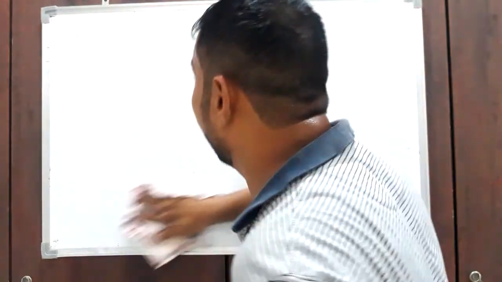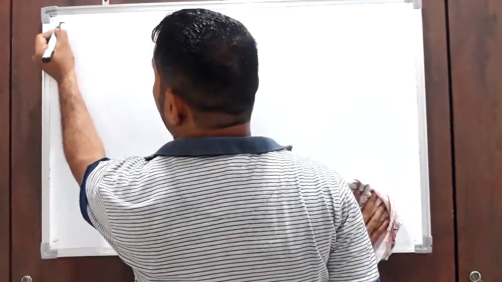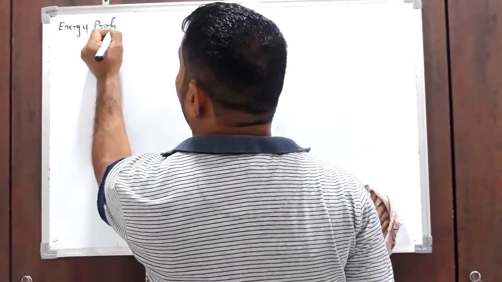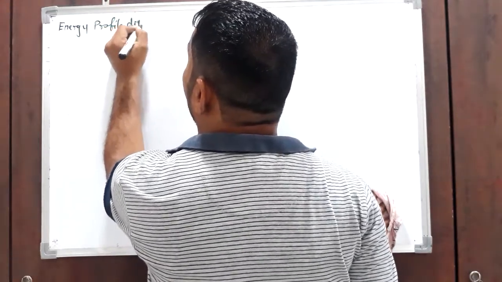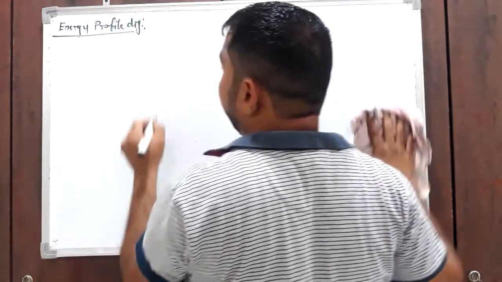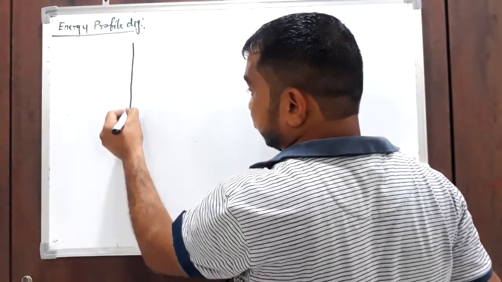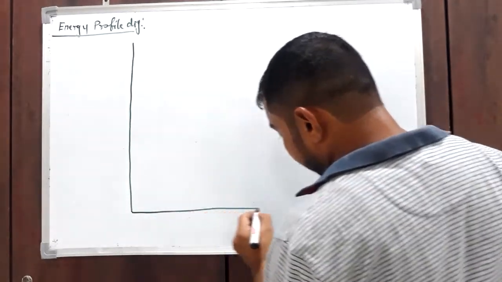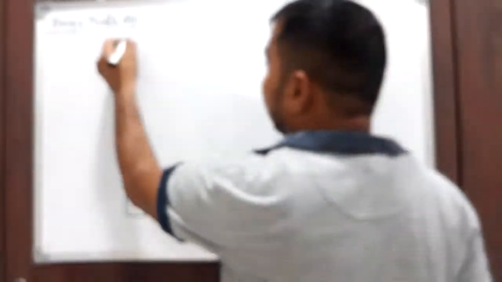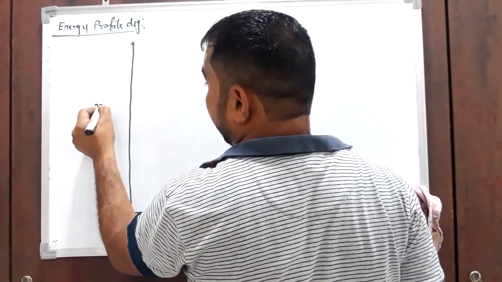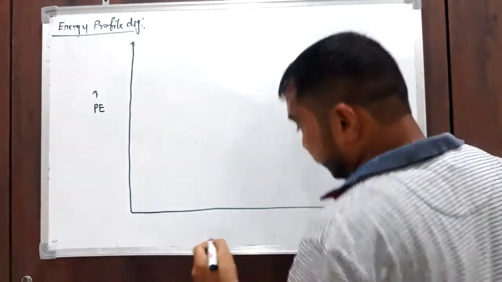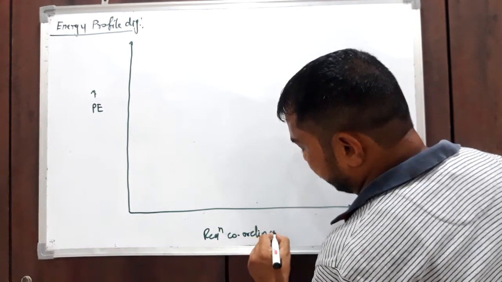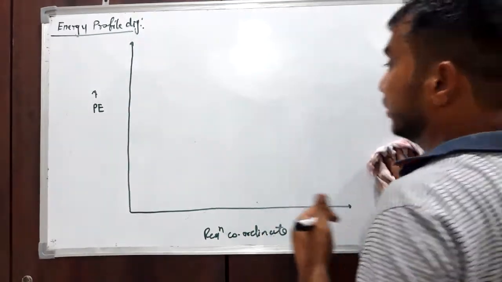Energy profile diagram of SN2 reaction. See, it is the graph between potential energy versus reaction coordinate. Reaction coordinate means distance, it explains the distance.